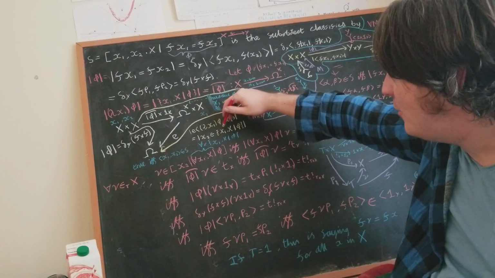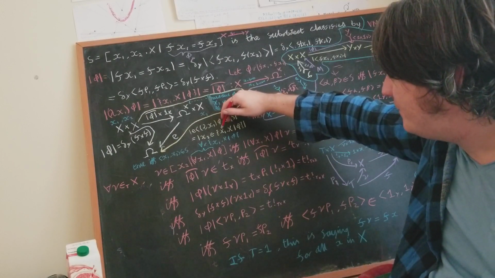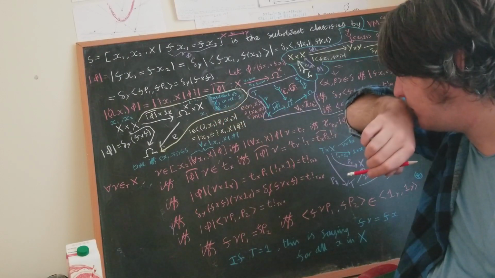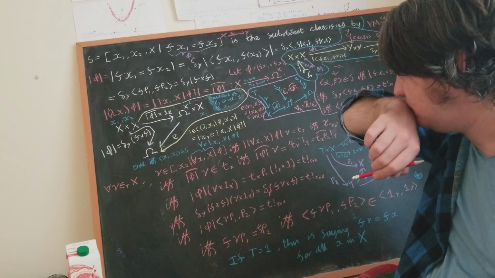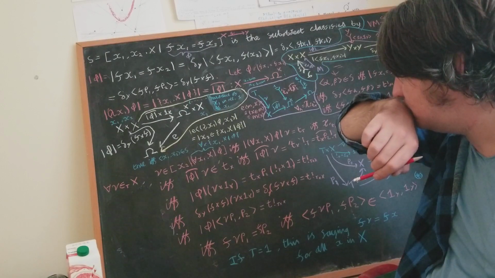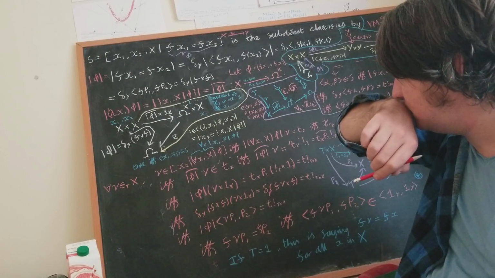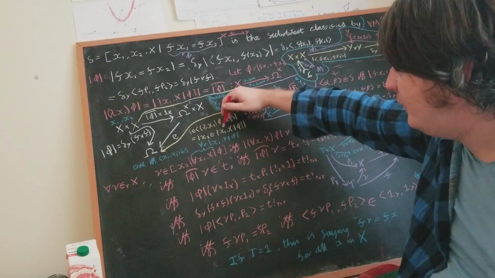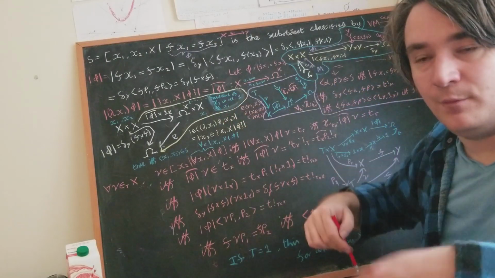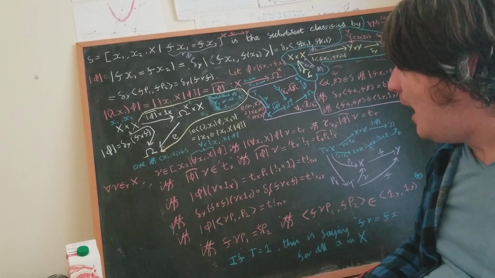Well, it doesn't really belong to that set, but it's true that it's like one of these things that makes x1 satisfy this phi relation with respect to x2, and so on.